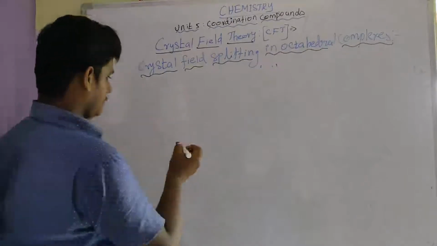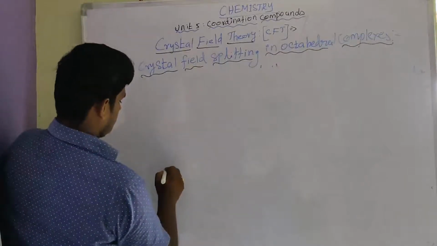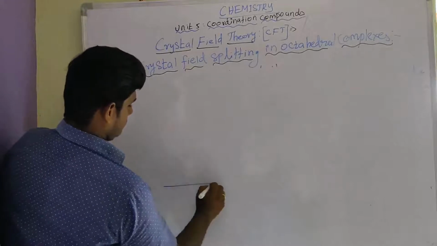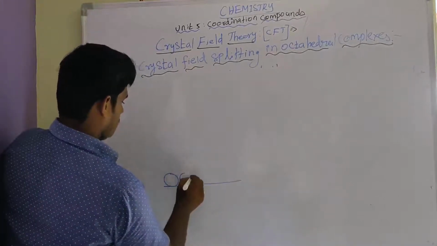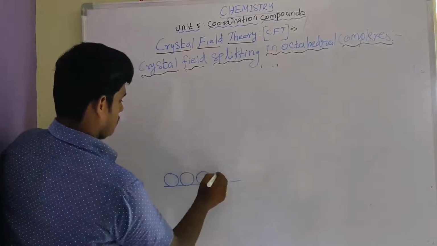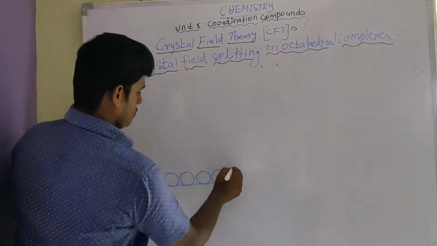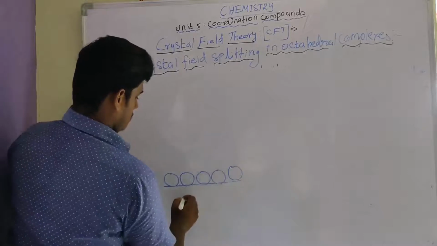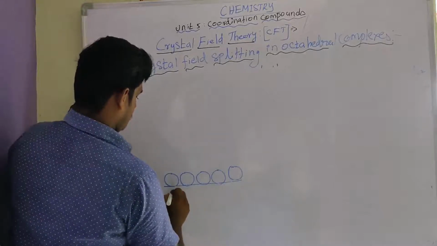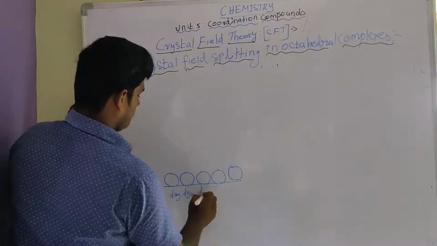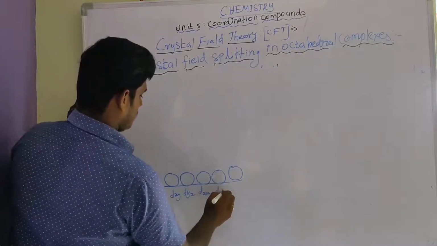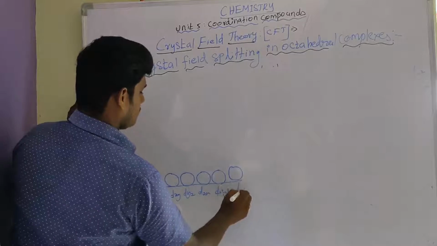First, all the d orbitals: dxy, dyz, dzx, dx square minus y square, dz square.